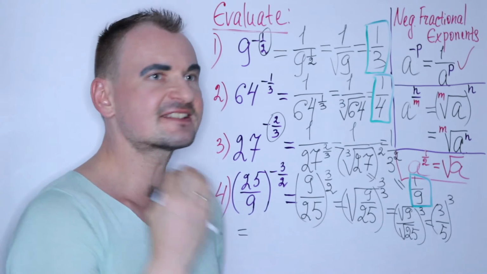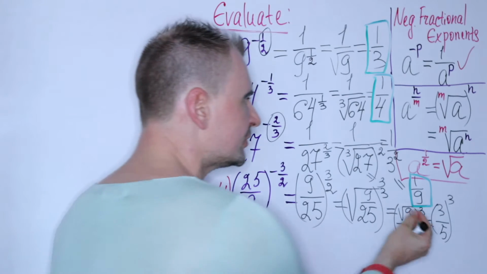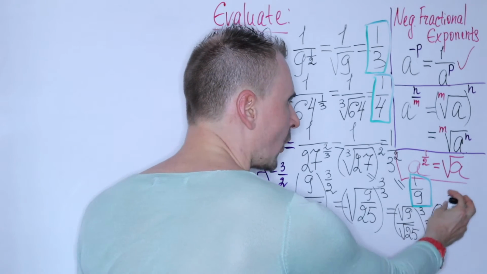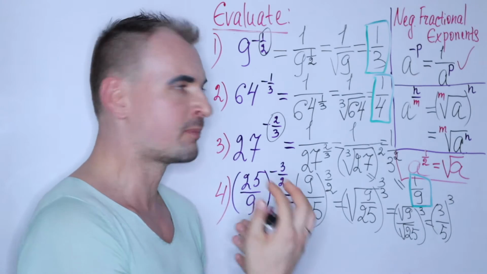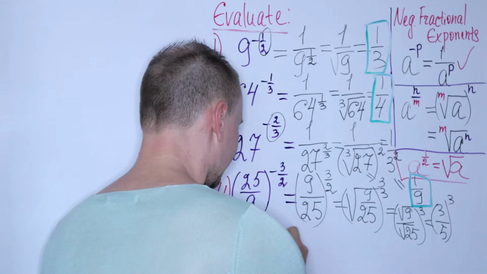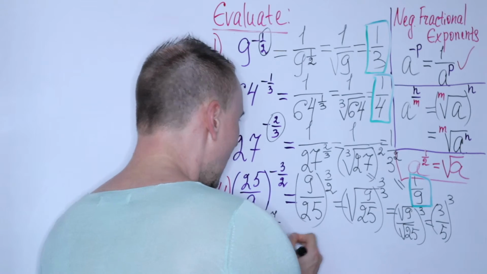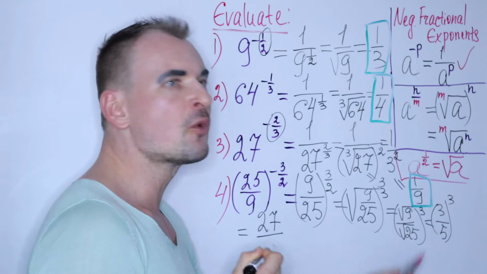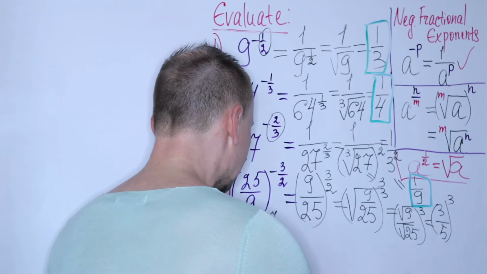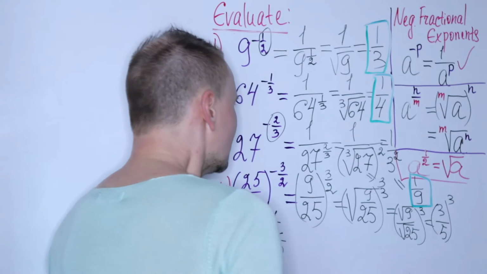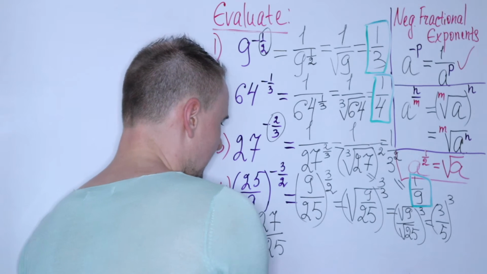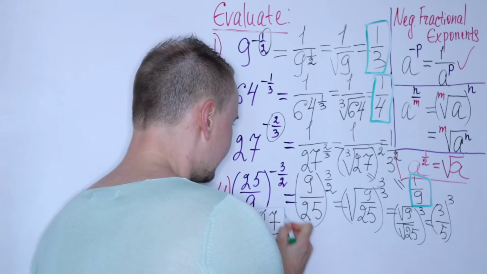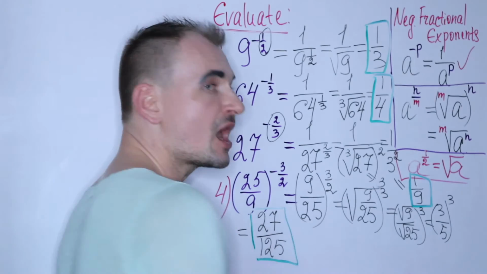So all you need to do is just raise separately top and bottom to this power. Since 3 cubed gives me 27, 3 times 3 times 3, over 5 cubed, that would leave me with 125. So it comes out to be 27 over 125. So you would be left with this answer.